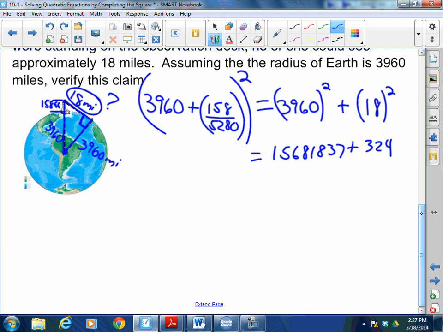Because I've got 158 divided by 5,280 plus, let's see, 3,960. Yeah, it's so insignificant. When I square it, it's rounding it off for me. That's why. So it's, yeah, 156,81837. Yeah, it's not going to be the same. This is larger. So this cannot be 18. It has to be less than 18.